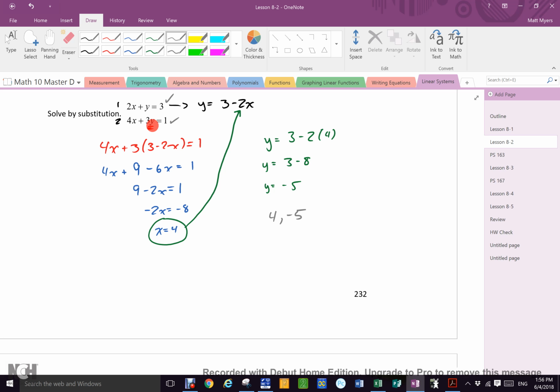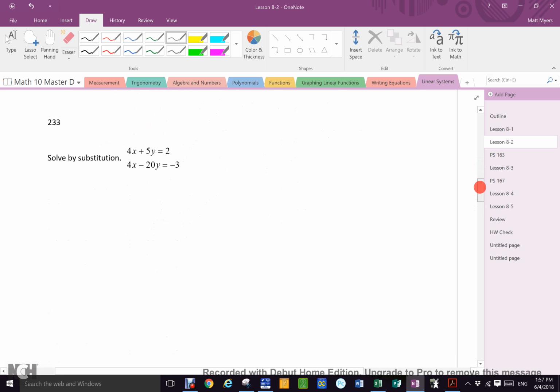Turn the page over and tell me what bothers you about that one. There's no 1. You can divide though. You could still isolate pretty easily, couldn't you? Everyone agree? But let me offer you this.